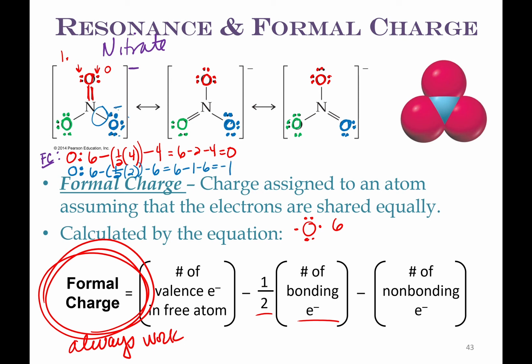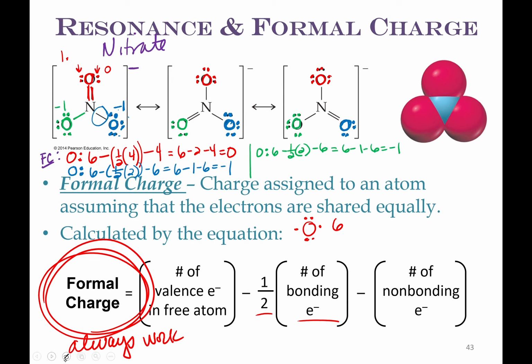So this is a -1 formal charge. Then the green one, for another oxygen, is 6 minus 1/2 of 2 minus 2, 4, 6, or 6 minus 1 minus 6 is -1.